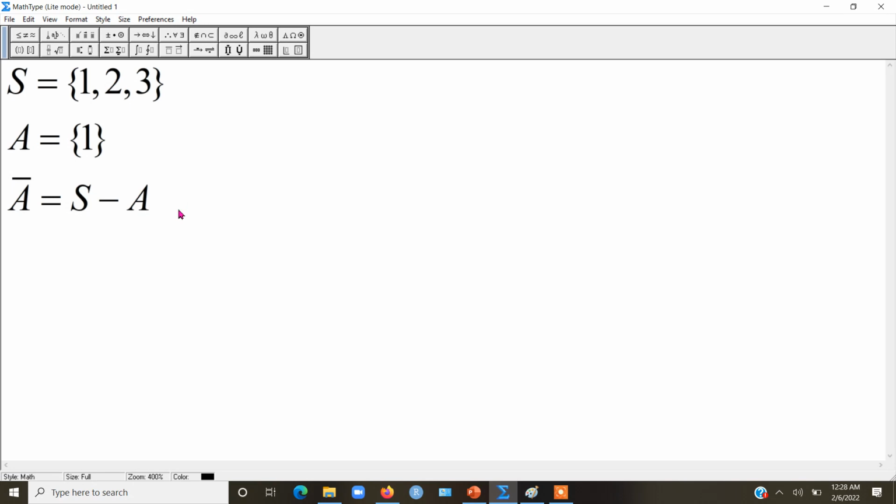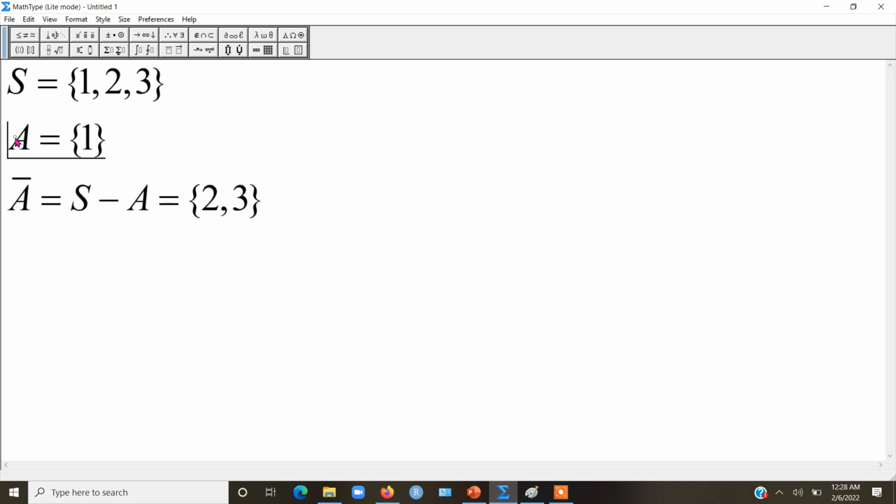A bar, or complement of A, will be all those elements which are there in the sample space but not in A. That is the exact opposite of A. So the exact opposite of A will be 2, 3, right? All those elements which are there in the sample space but not in the set A.